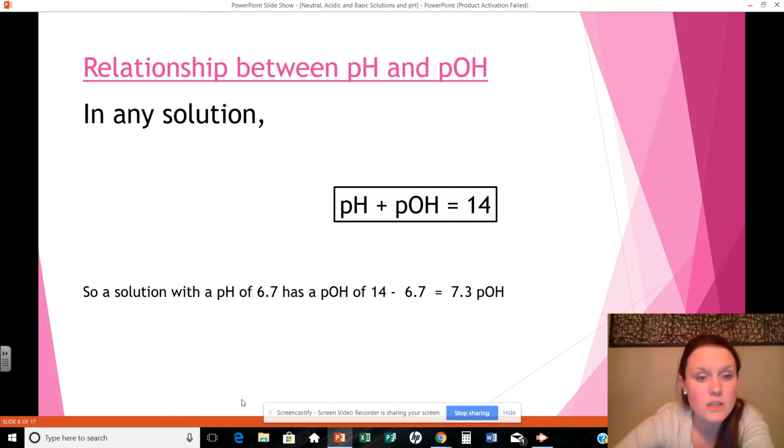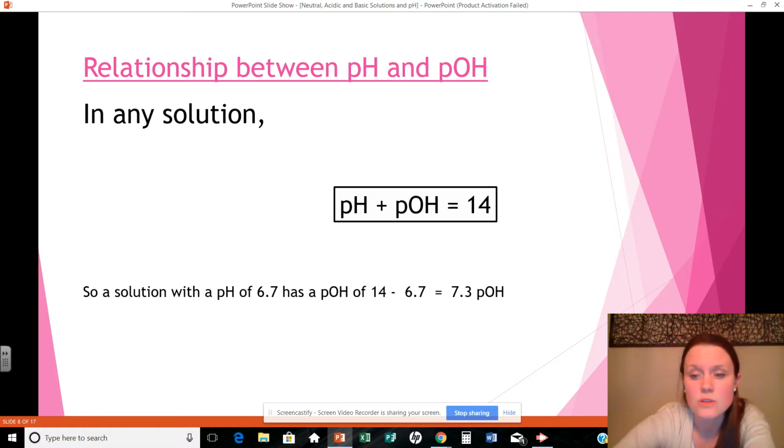Okay, there's another example just below down here. If you take a look just beneath here, I'm sorry, what this is supposed to say is if a solution has a pH of 6.7, what is the pOH?